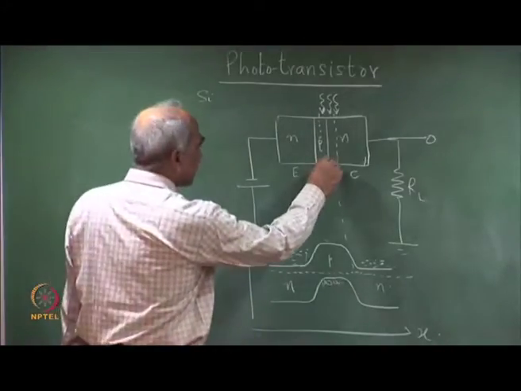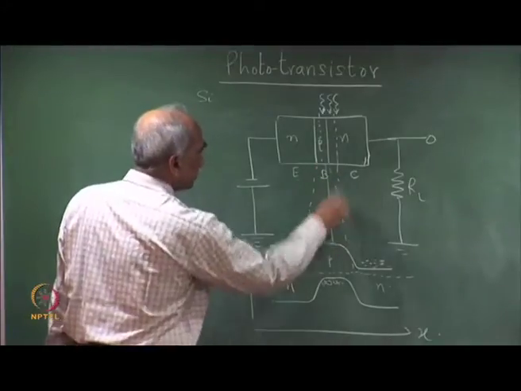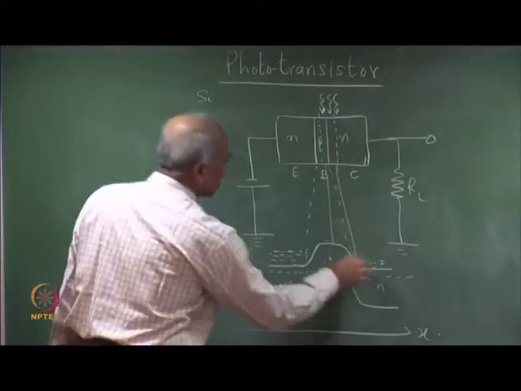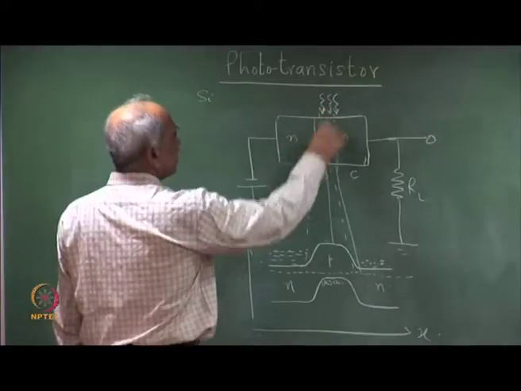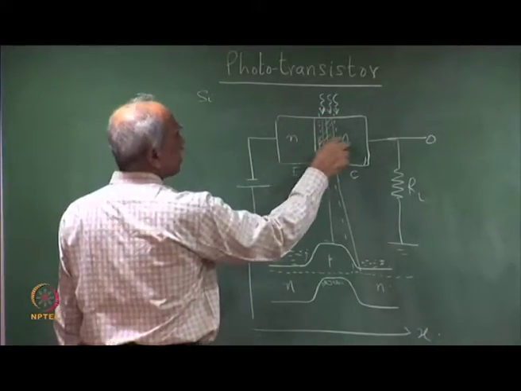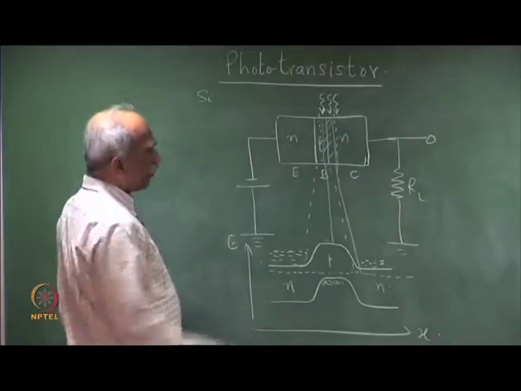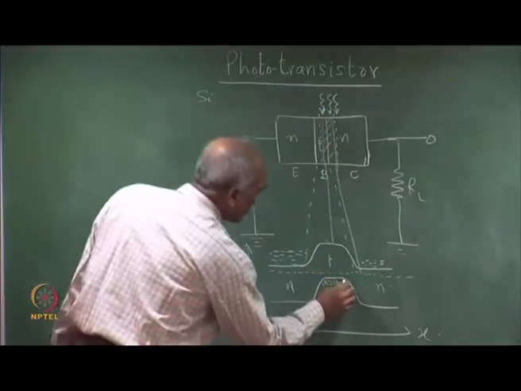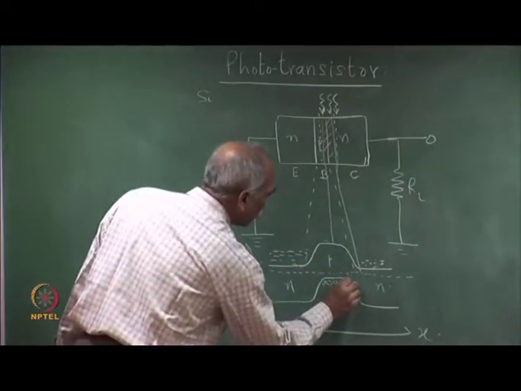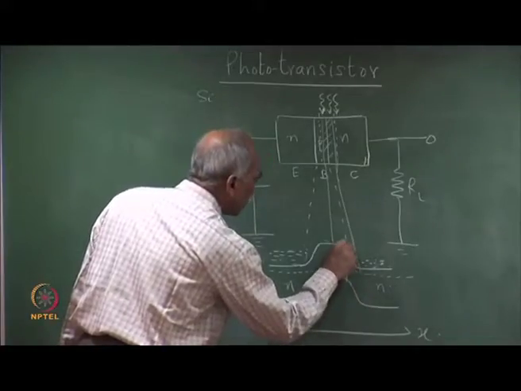A photon flux which is incident on this junction here, so let us look at this junction. This is the active area, that is the base emitter, base collector PN junction. A photon which is incident here creates an electron hole pair. So, an electron makes an upward transition here.